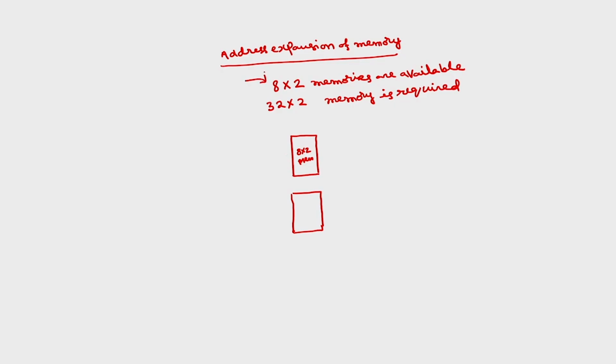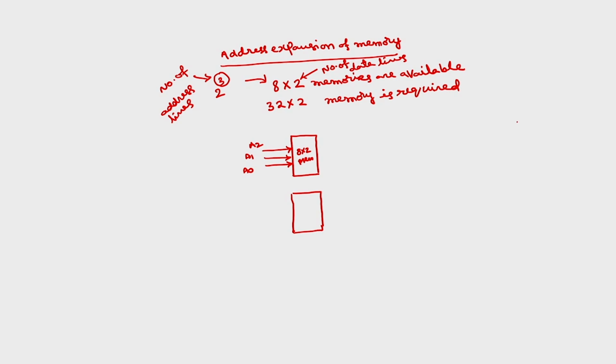The number of address lines is found by expressing this 8 as 2 raised to the power of something, and that something represents the number of address lines. Normally the number of locations is a power of 2. So, this will have 3 address lines, A2, A1, A0. I am writing them individually instead of bus notation.